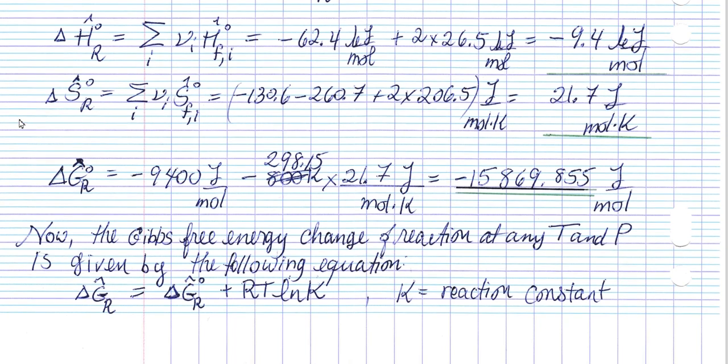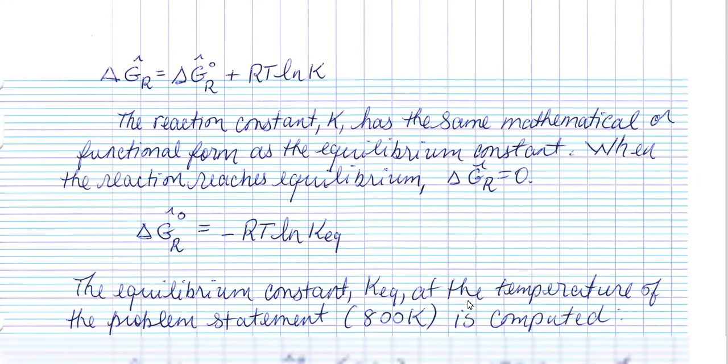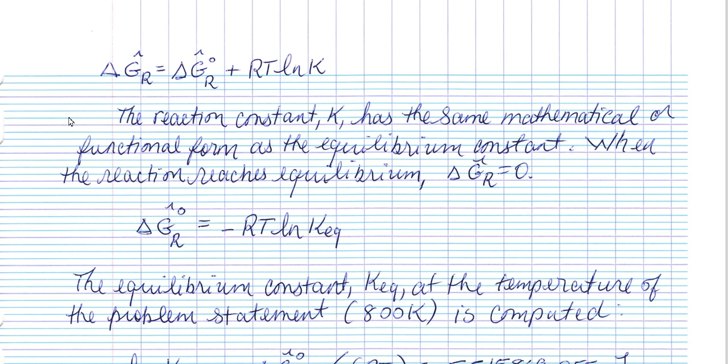Now, the Gibbs free energy change of the reaction at any temperature and pressure is given by the following equation. Delta G of reaction is equal to the standard delta G of reaction plus RT ln of K, where K is a reaction constant. I'm going to repeat this a little more slowly.